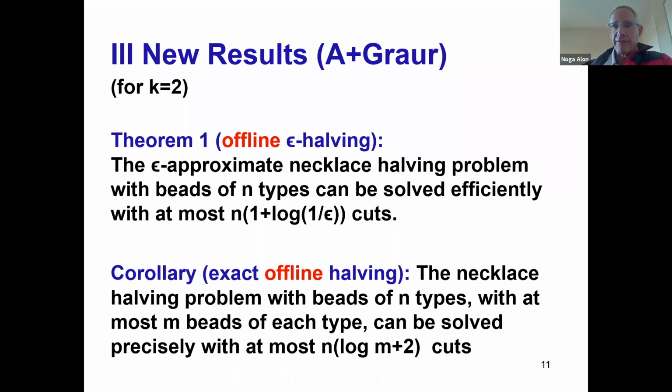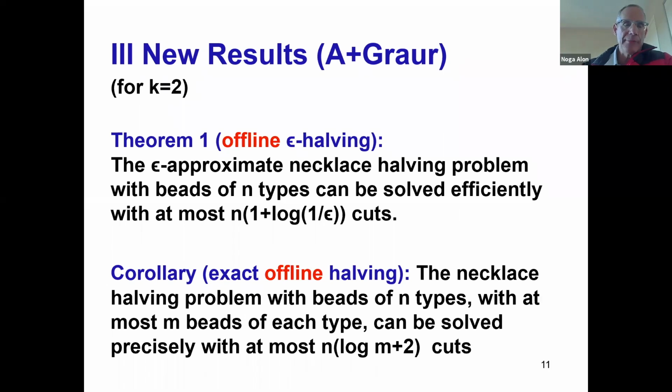And remember that for small fixed epsilon, the problem is PPAD-hard. I still say hard because I'm not completely sure. So if we want n cuts, then it's hard. If we want a constant times n cuts, then we can do it.